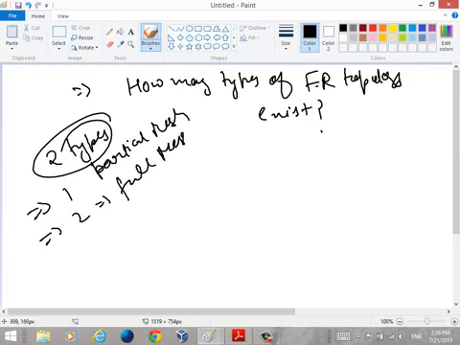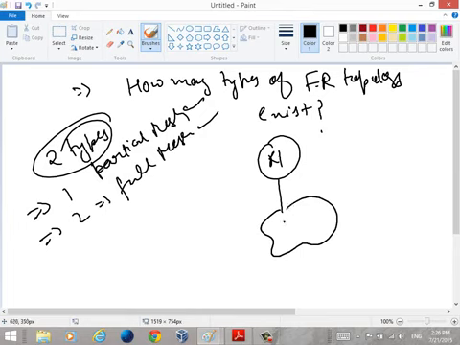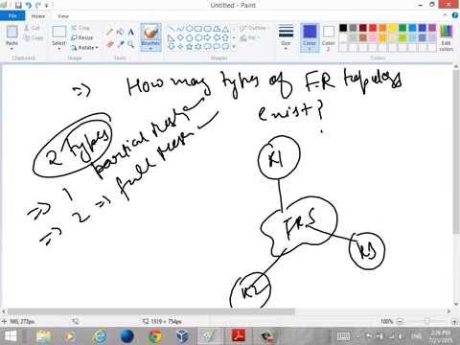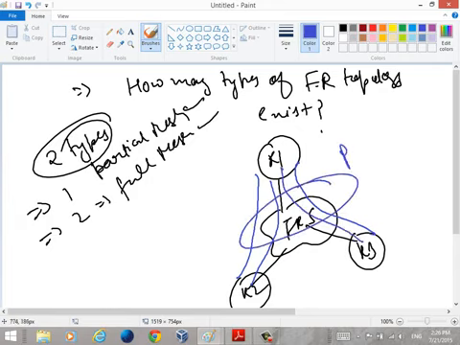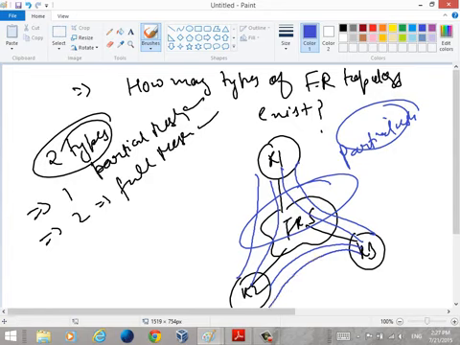What do you mean by partial mesh and what do you mean by full mesh? Partial mesh means this is FRS, this is R2, this is R3. See here, R1 is connected to R2, R1 is connected to R3. This particular topology is called partial mesh. And in full mesh, R2 will be connected to R3 as well. This thing is clear? The difference between full mesh and partial mesh.